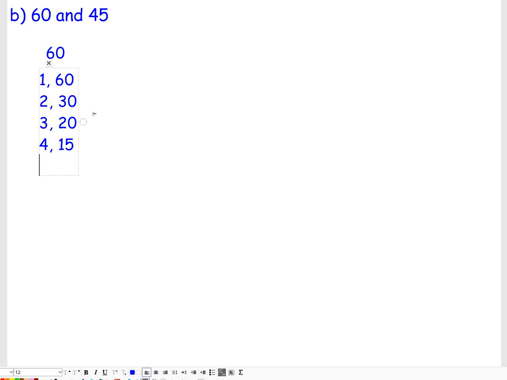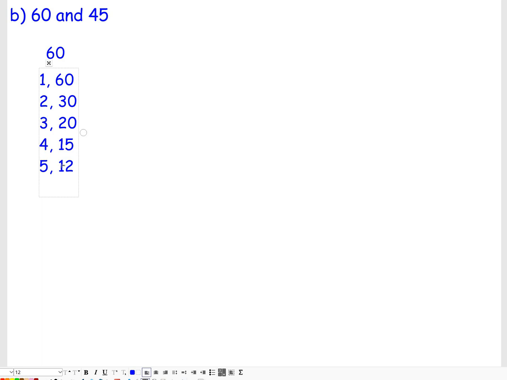Does 5 go in? Yes, it does, because it ends in a 0 here. 5 times what gives you 60, or how many 5s are there in 60? Well, there are 12, so it's 5 and 12. Does 6 go in? Yes, it does. Again, we can use this fact.